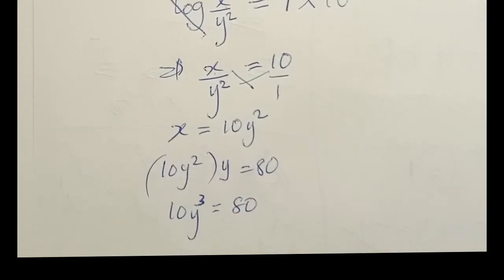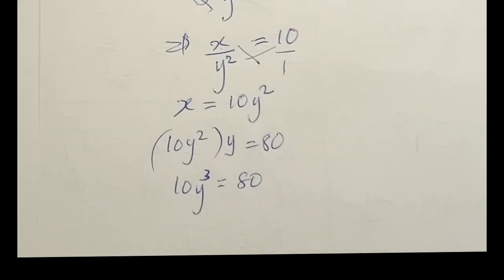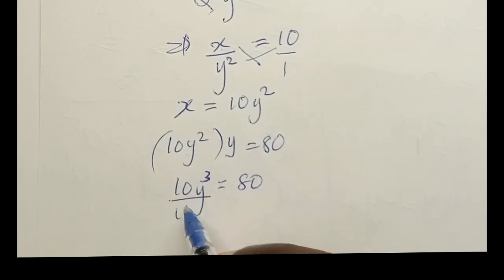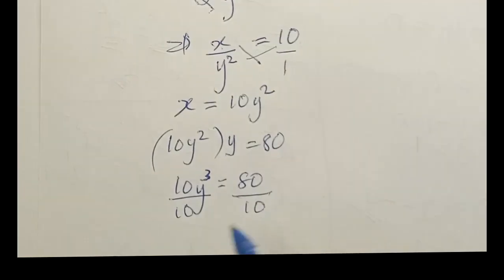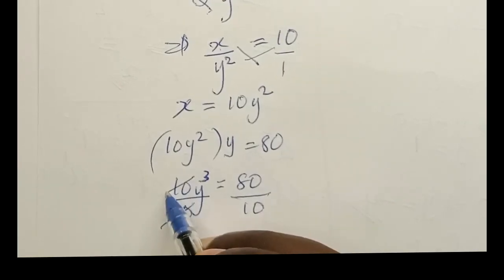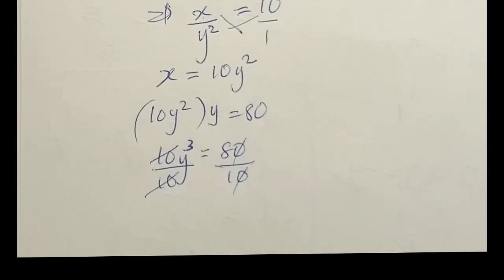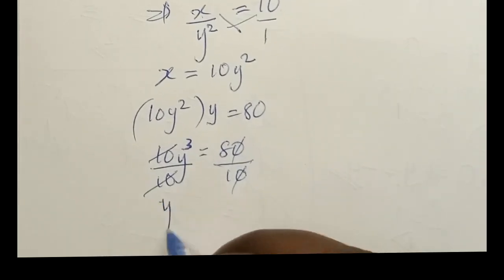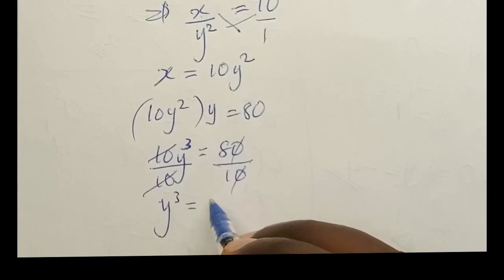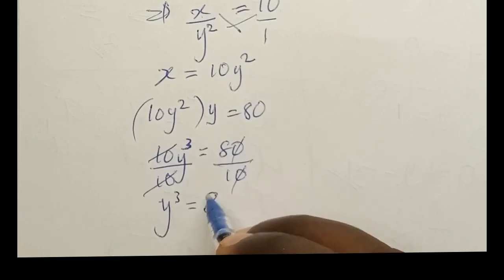We have to divide both sides by 10 to make y cubed stand alone. If we do that, this 10 removes this 10, and we take the 0 off, then y cubed will be equal to 8.